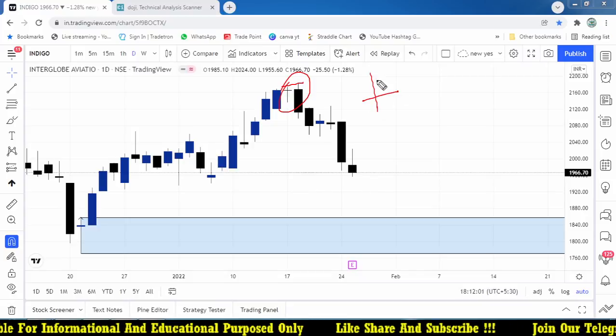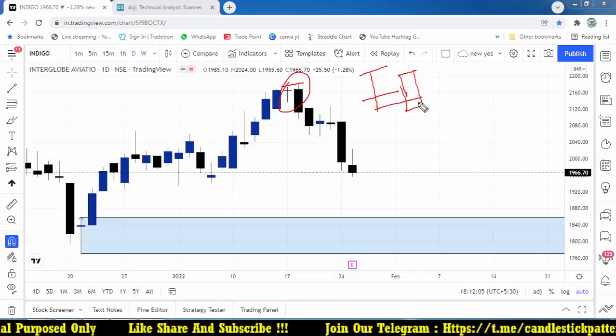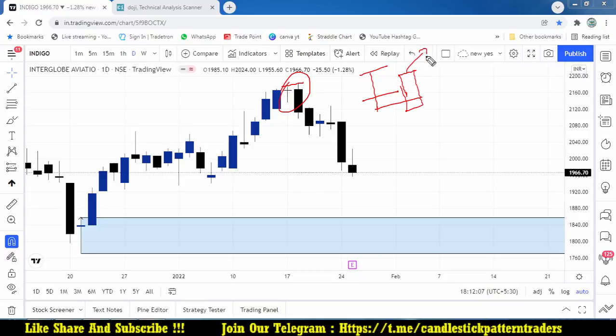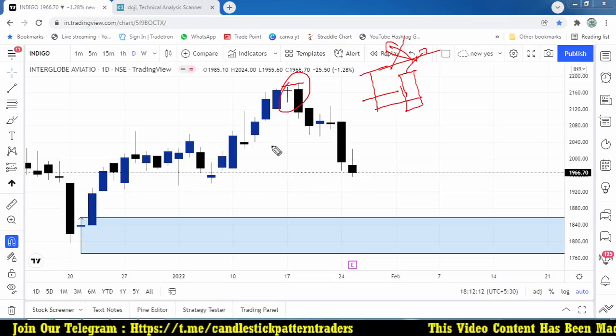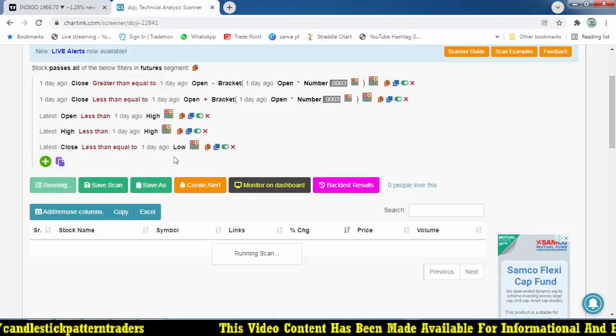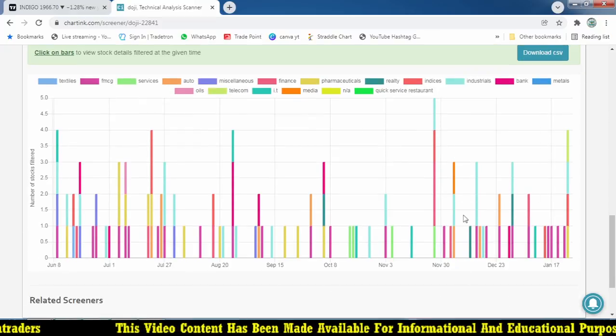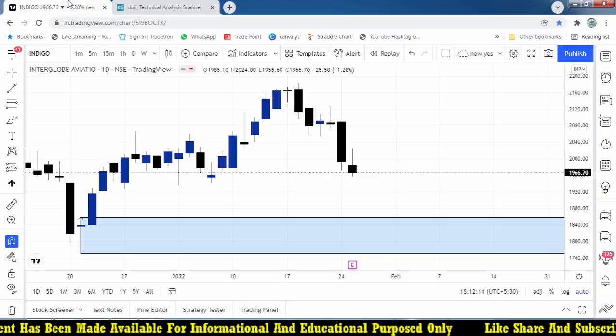So the first day is the doji, the next day the market opens in between, and it must close below or equal to that, but this day's high is not greater than this. That is the condition I filter out. If I add it, we may find a very small number of stocks. Got it? So on 14th January, ITC, let me try it out.